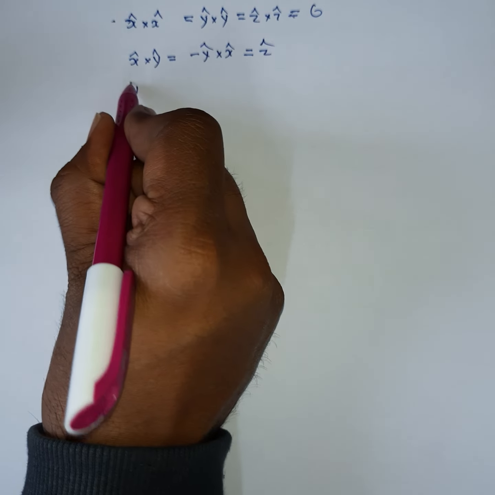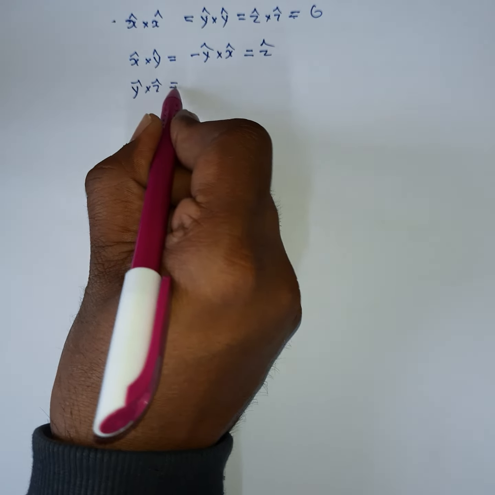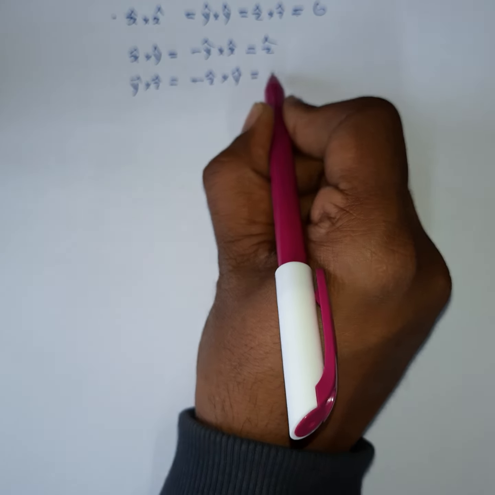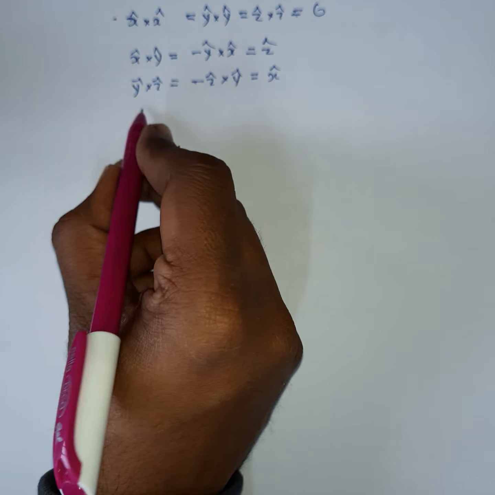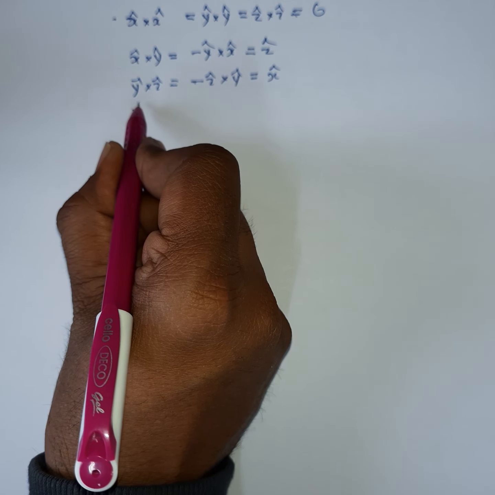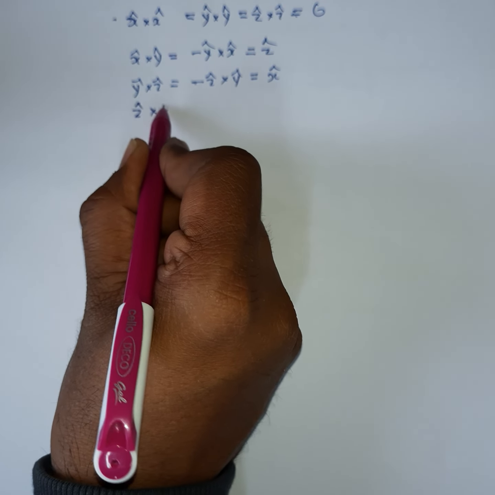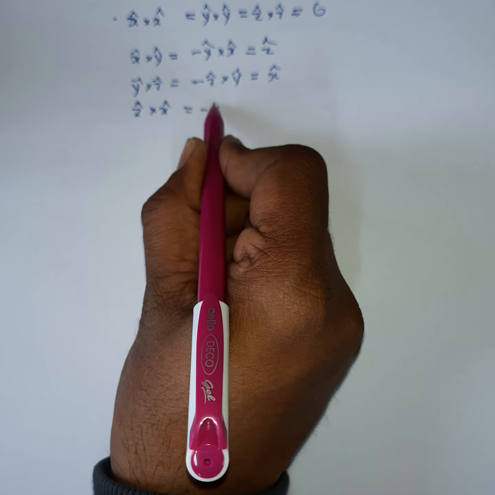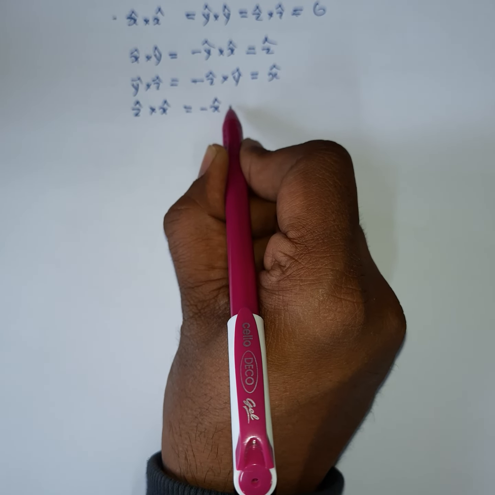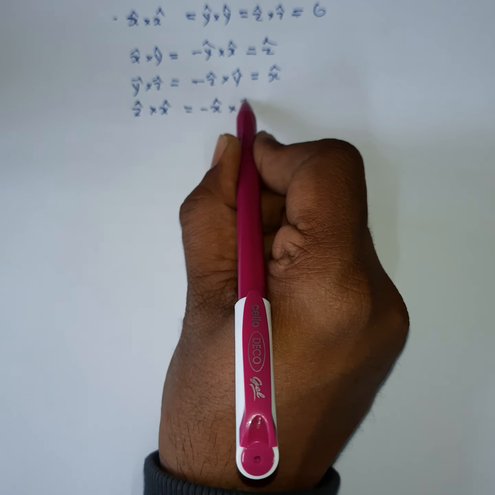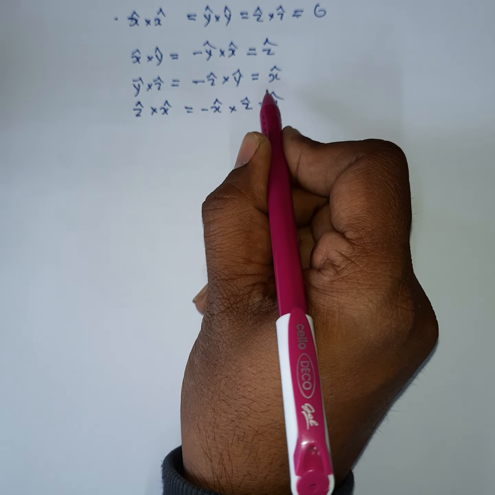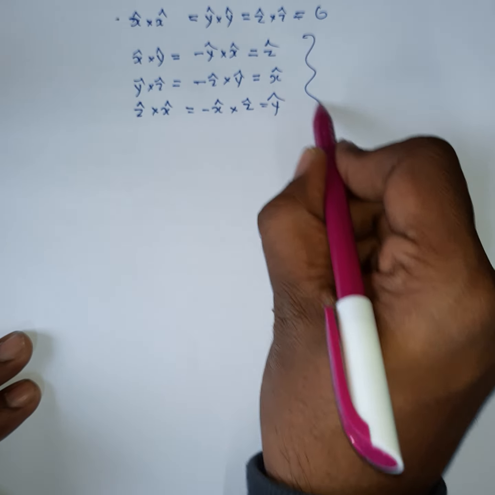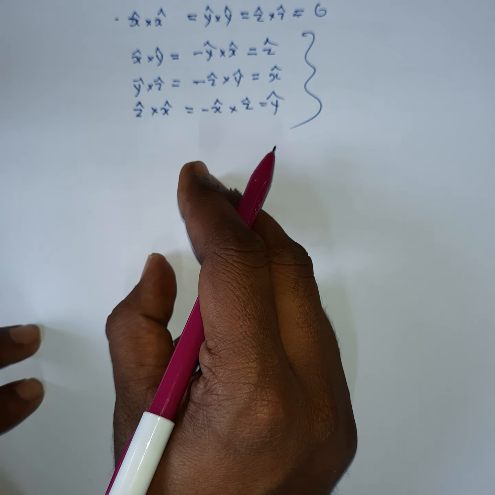Similarly, we can write y cap cross z cap is equal to minus z cap cross y cap, and it is equal to x cap. Similarly, you can write z cap cross x cap is equal to minus x cap cross z cap is equal to y cap. Okay, so you can use these relations for your calculations wherever required.